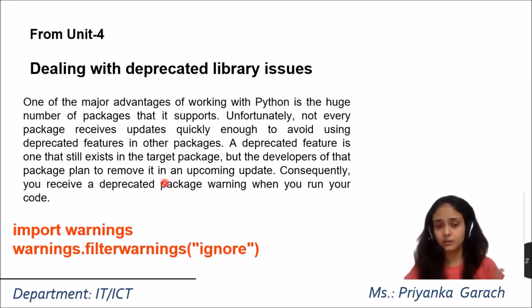But some libraries have had their updates stopped, as with the Windows 7 operating system, which has stopped its updates. It is an old operating system like that. There are some old libraries which are not used nowadays; they are available to use, but their updates have stopped. Such libraries are called deprecated libraries. They have some issues, and it will show you some warnings when you run such a library in Python.